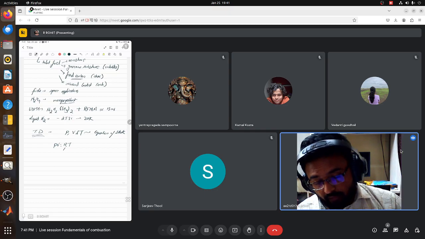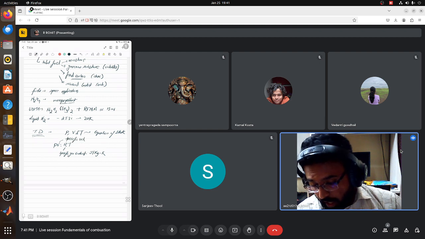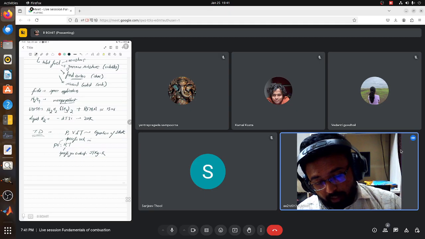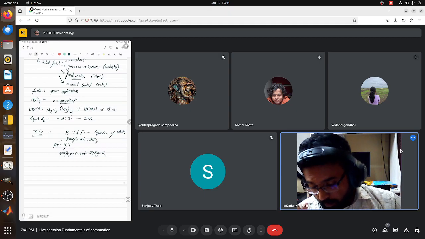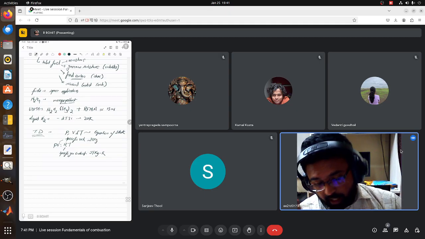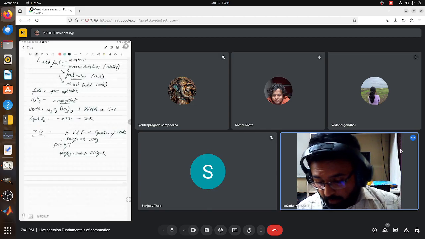Here R refers to your specific gas constant for a given gas, and its units are joule per kilogram Kelvin. V is your specific volume, and its unit is meter cube per kg. P is your pressure in pascals and T is your temperature in Kelvin.